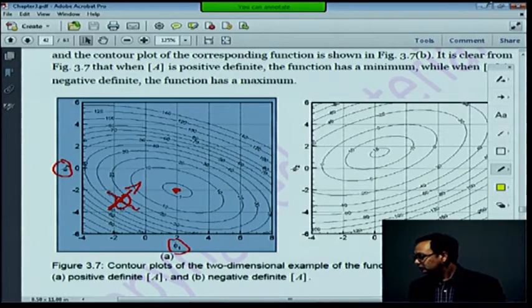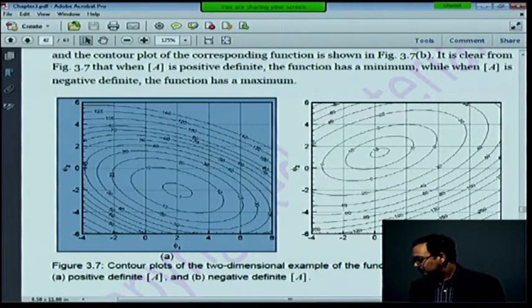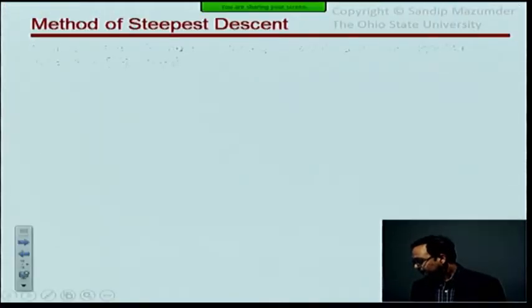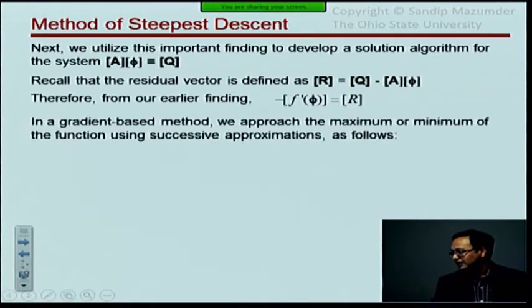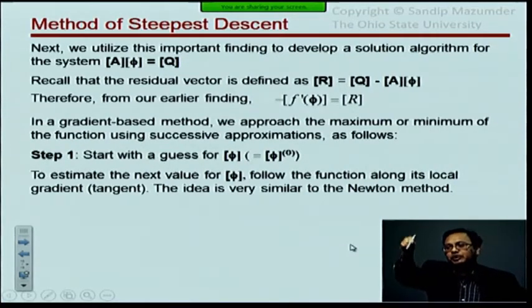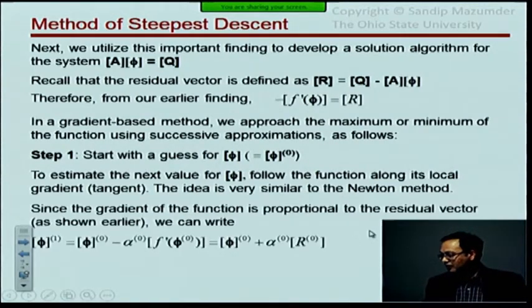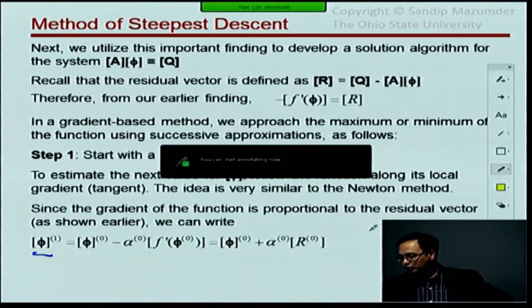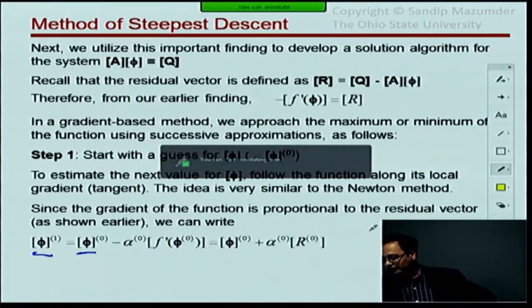Getting back here, we start with our initial guess, and we want to estimate the next value of phi. What should be my next stop before I change directions? What it is saying is that my new value should be the old value, and then I'm going to go a certain distance alpha along the gradient f dash.